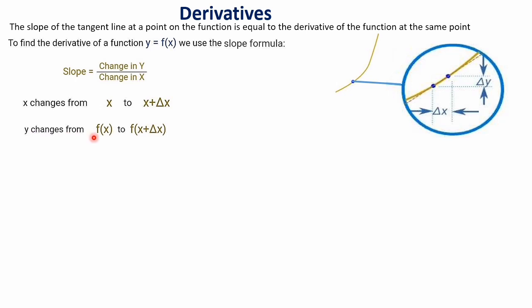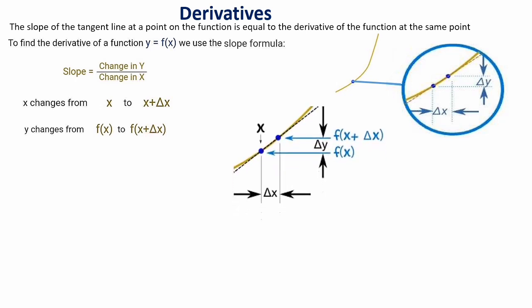In the same way y changes from f of x to f of x plus delta x. Here f of x is a function represented by the symbol y, so y can be written as f of x, and f of x is changing from f of x to f of x plus delta x, a very small change. So this is what the values look like, and here we have taken a point, and very close to that particular point we are taking another point, and here delta x is the change in x and delta y is the change in y.